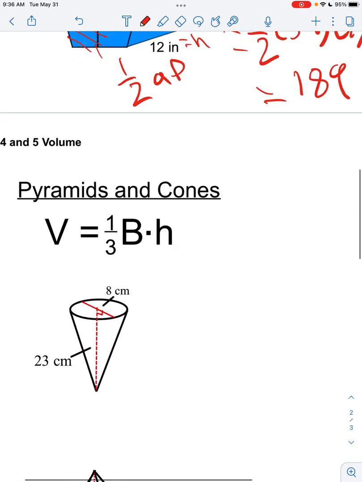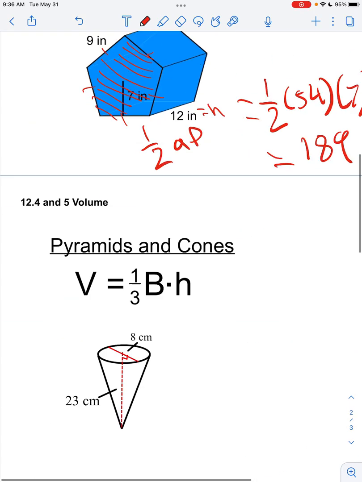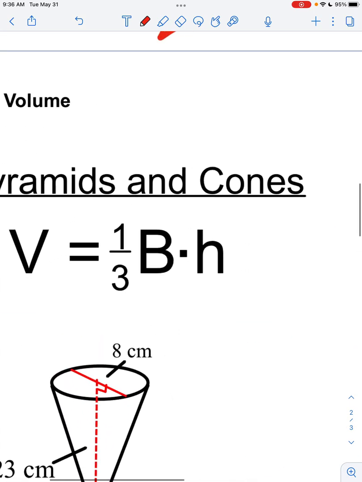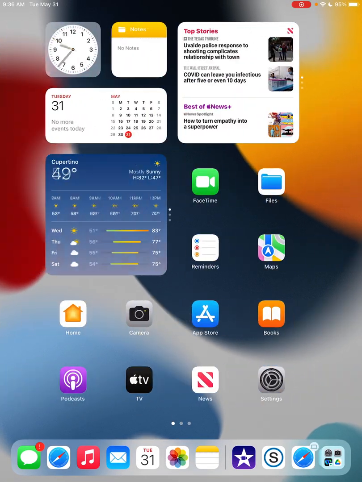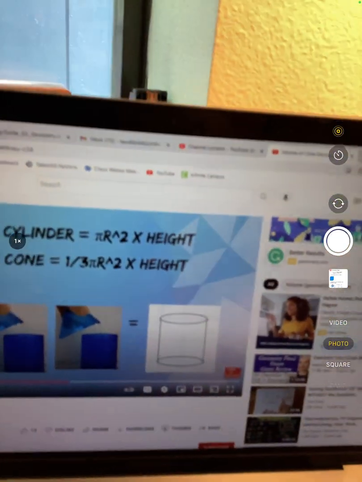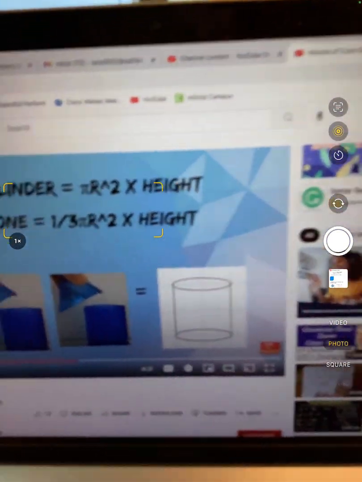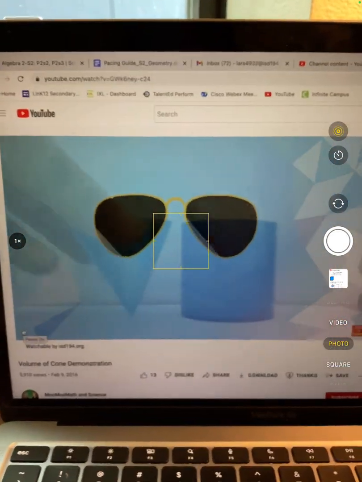Pyramids and cones. You'll notice our formulas are very similar. Instead of big base times height, it is 1/3 big base times height. And so I wanted to show a quick video on how this works. It's kind of cool. All right, let's just see this. So if we take our formulas, again, we talked about it.